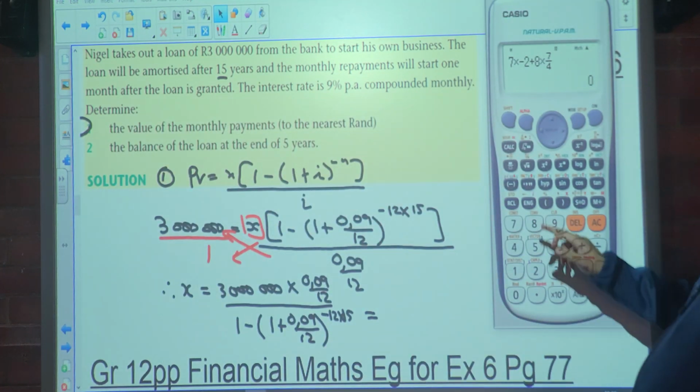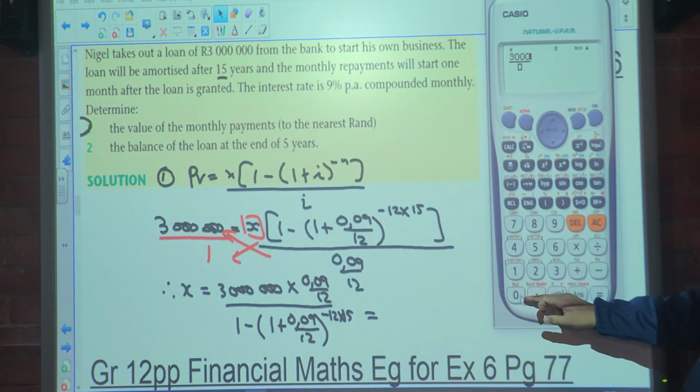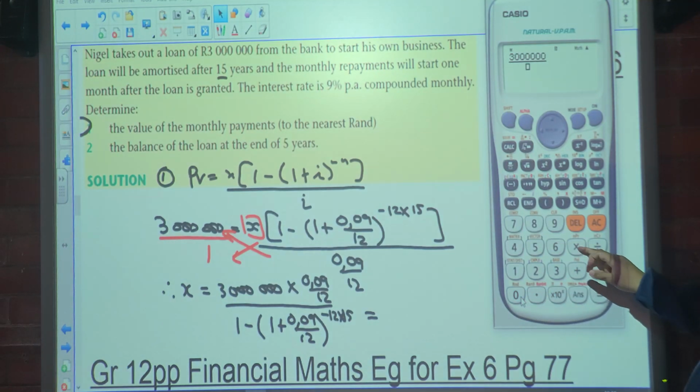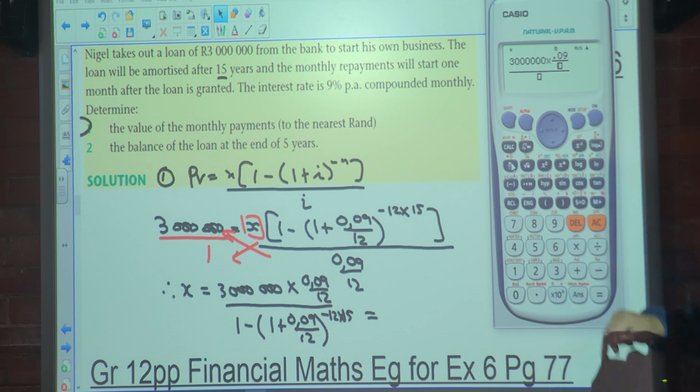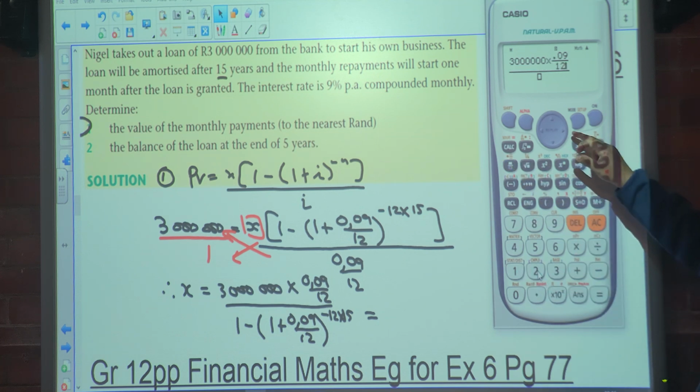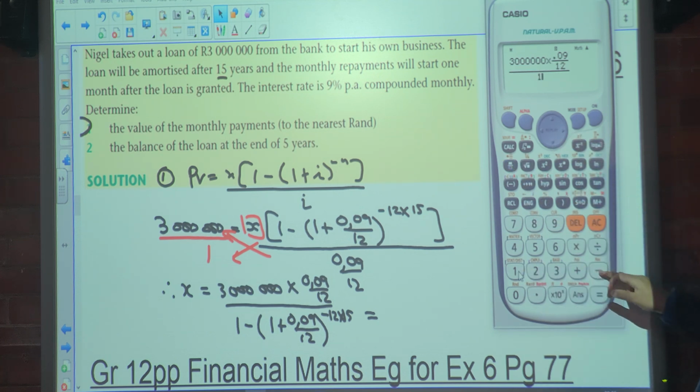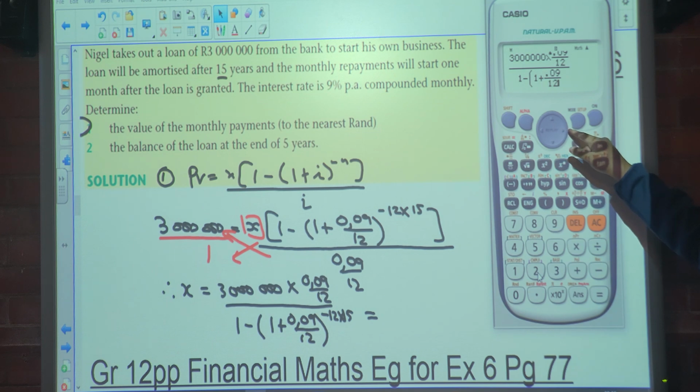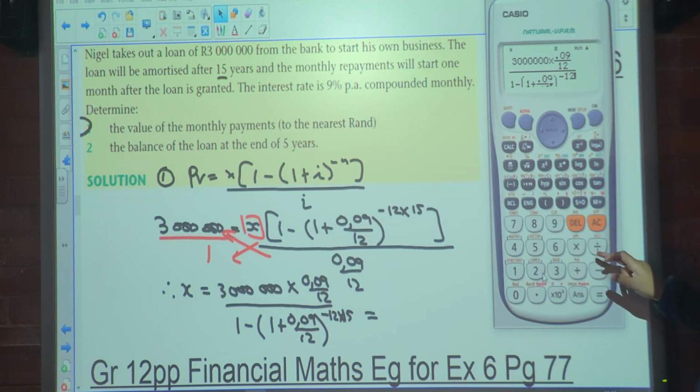Plug into our calculator: 3 million multiplied by 0.09 over 12, all over 1 minus, open brackets, 1 plus 0.09 over 12 to the exponent negative 12 times 15.